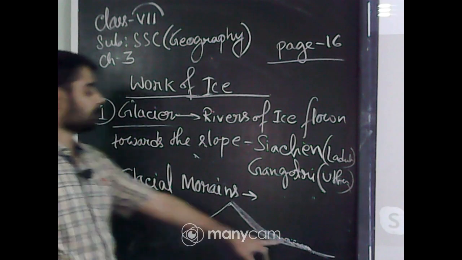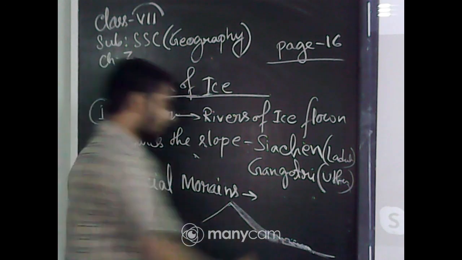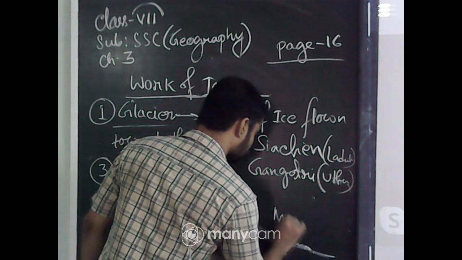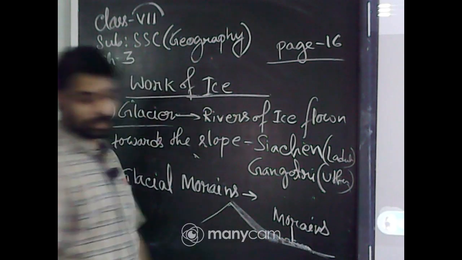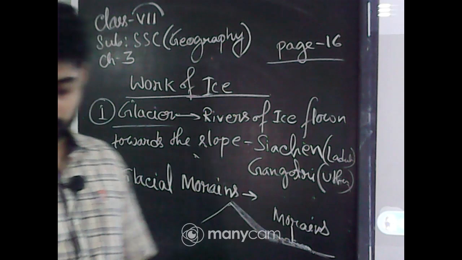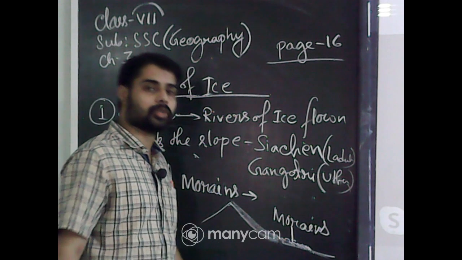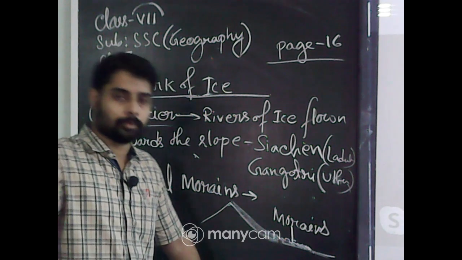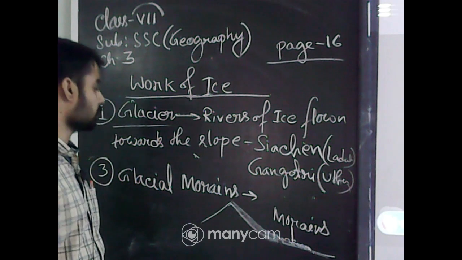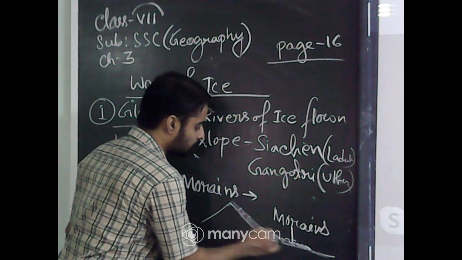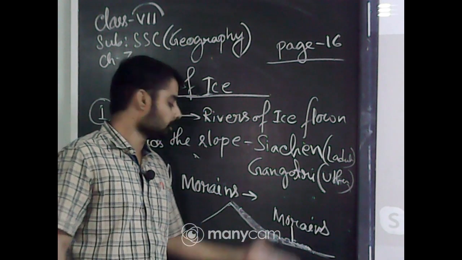In this way they deposit all these things carried from the top of the mountains. This is called moraines. We can see glacial moraines in Nepal, where the Himalaya merges with the lowlands in the plains, when glaciers carry stones, pebbles, silt and small and big stones and deposit them.